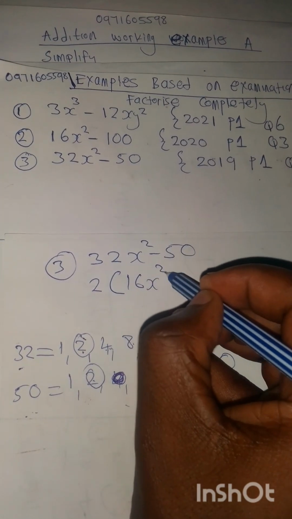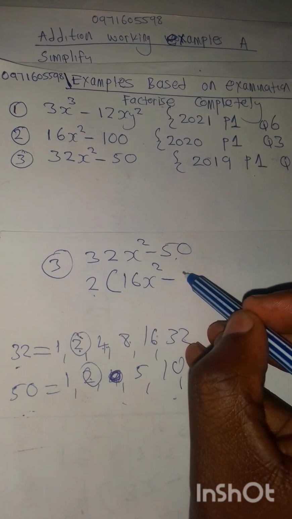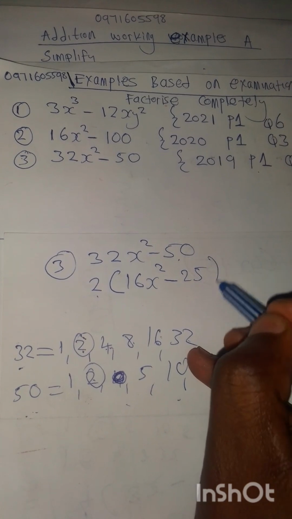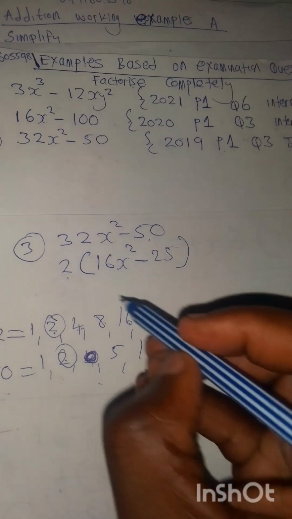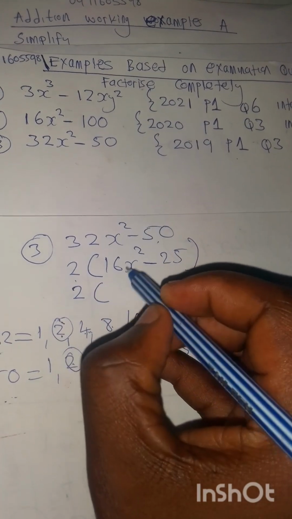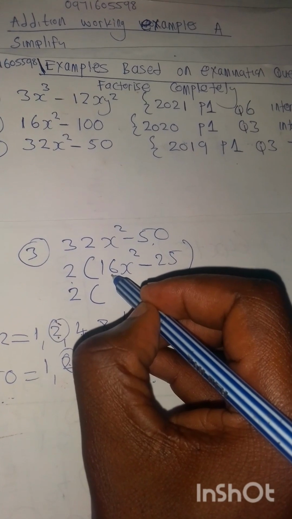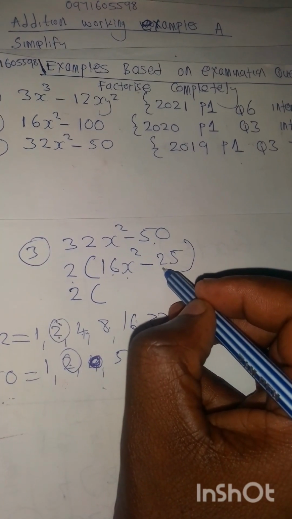Then we have x to the power of 2 minus, this 2 into 50, so that's 25. The second part now is to repeat 2 the way it is. Then since x is in the form of a power, 16 and 25 should also be in the form of powers.